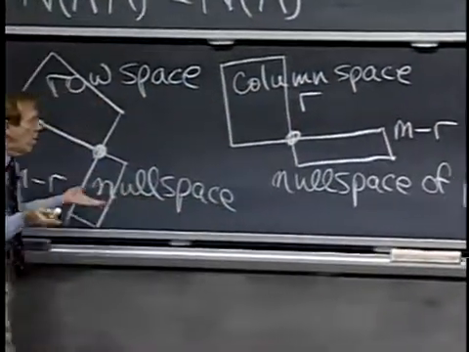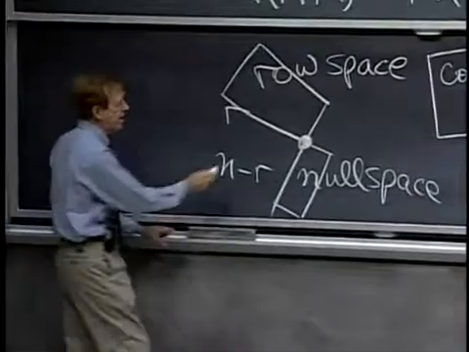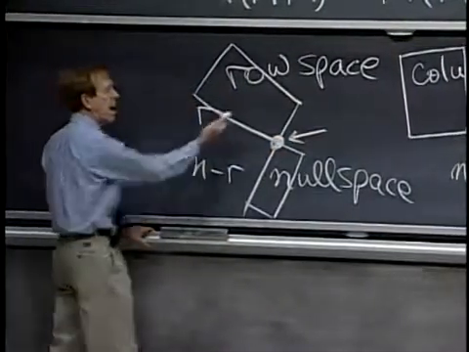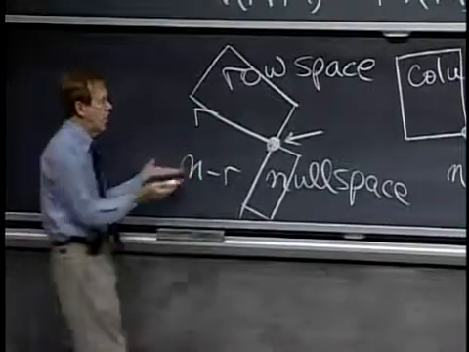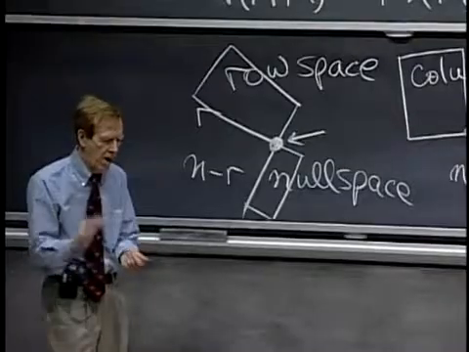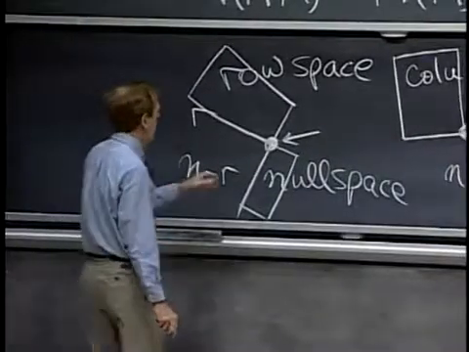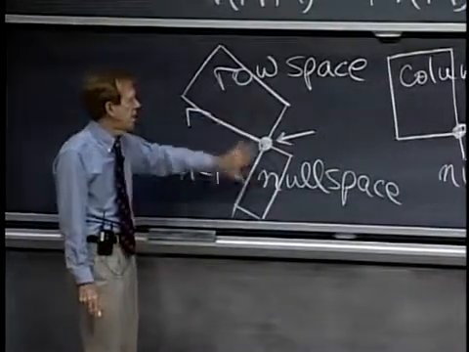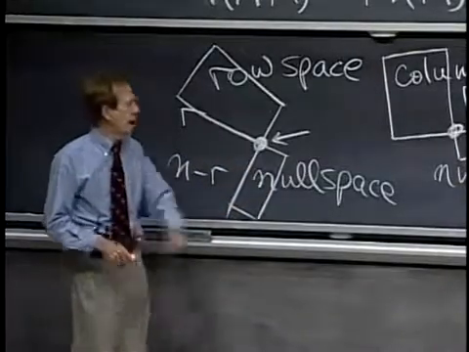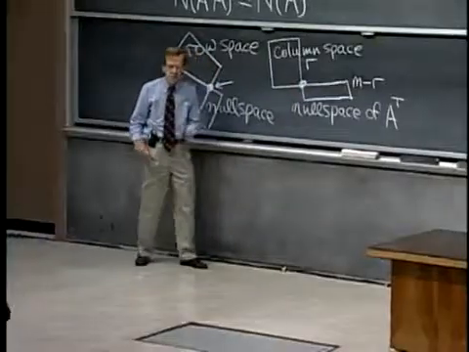What I want to show now is what this figure is saying. The figure is just my attempt to draw what I'm now going to say, that the angle between these subspaces is 90 degrees, and the angle between these subspaces is 90 degrees.